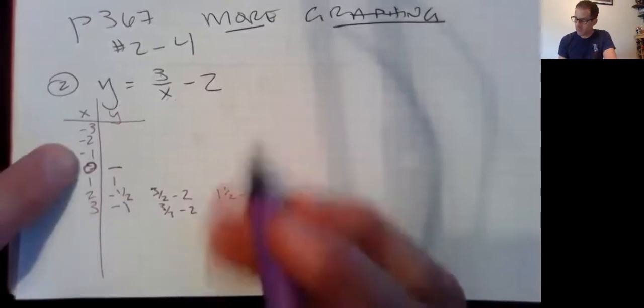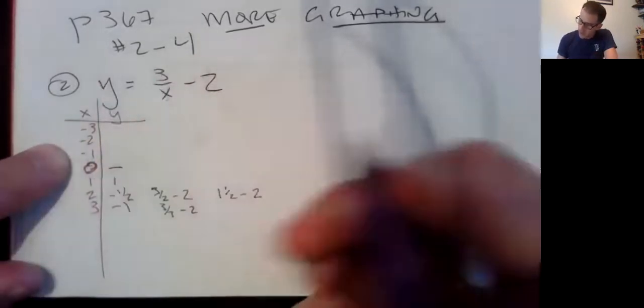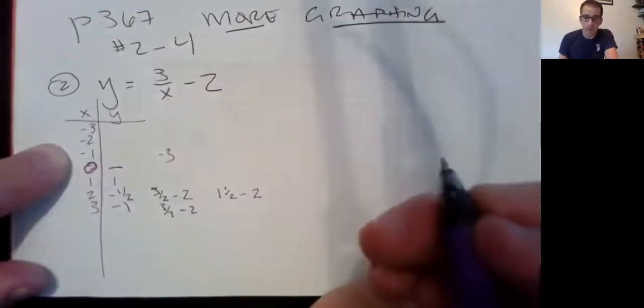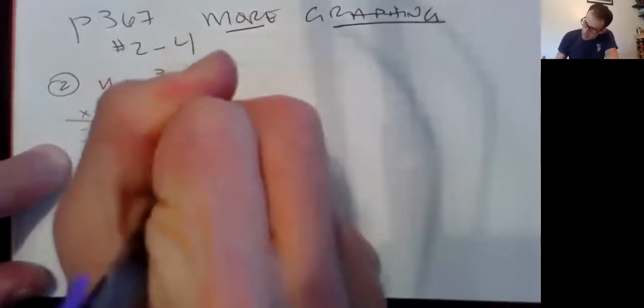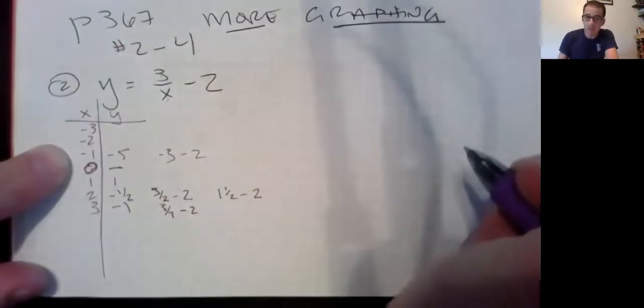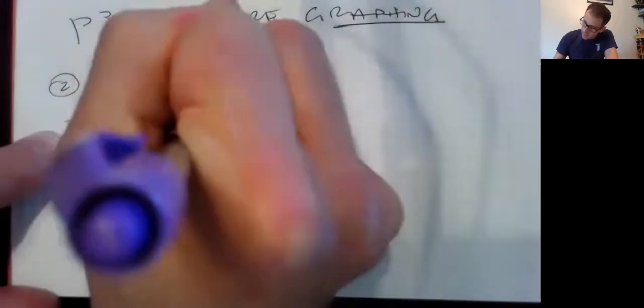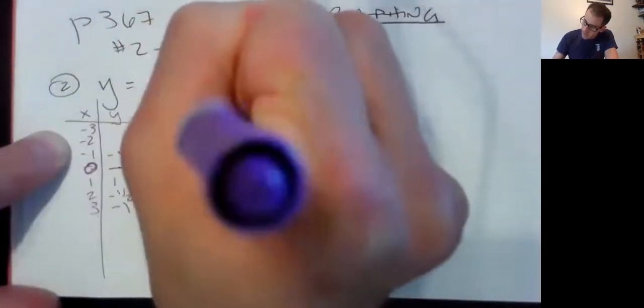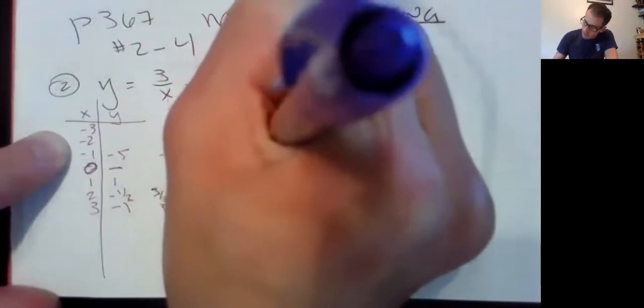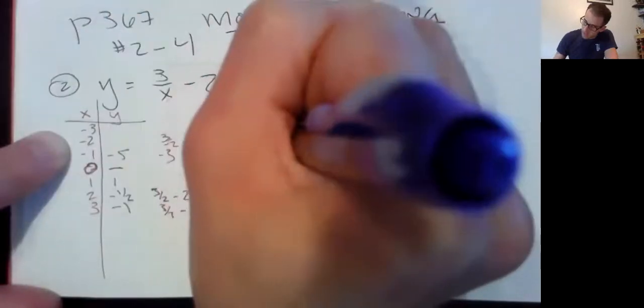All right, let's go up here. 3 over negative 1 is negative 3. Negative 3 take away 2 is negative 5. 3 over negative 2 is negative 1.5. Right? 2 goes into 3, 1 with 1 left over.